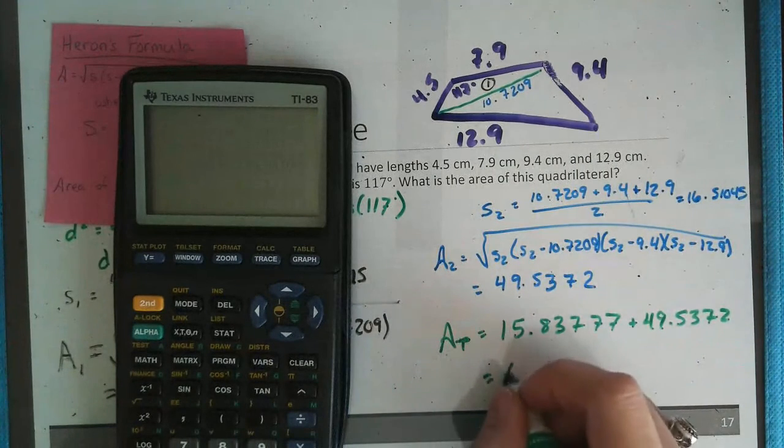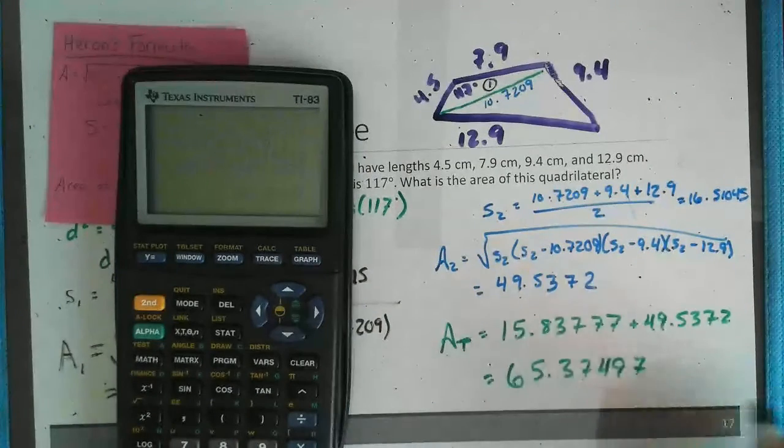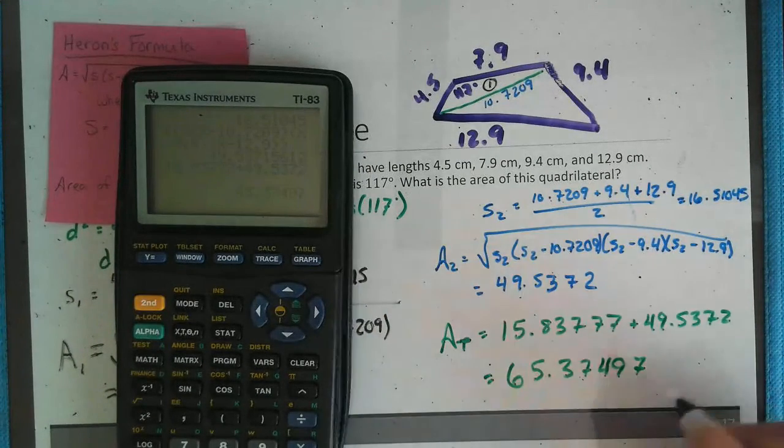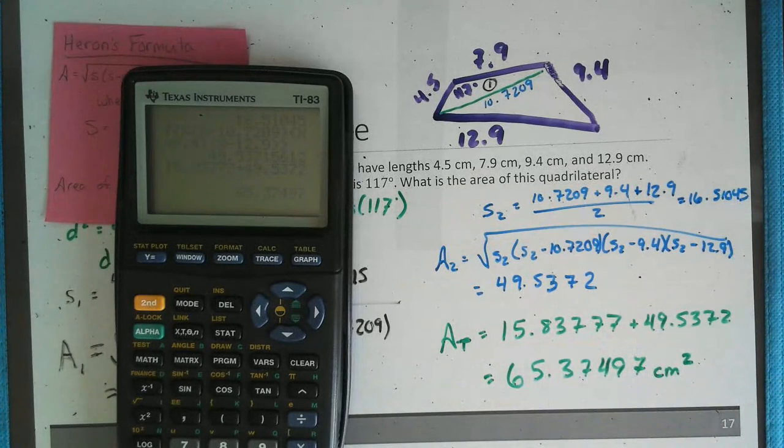That gives me a total area of 65.37497. We were working with centimeters, but this is area, so it will be in centimeters squared because area is a two-dimensional measure. This is still a lot of work, but nowhere near as much work as it would have been the other way. So thank you, Heron, for your formula. We appreciate it.